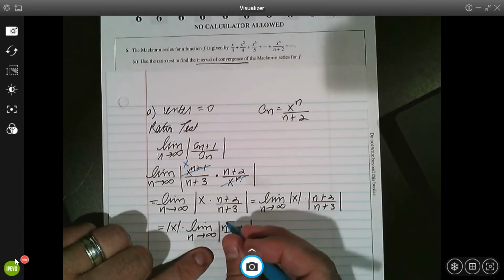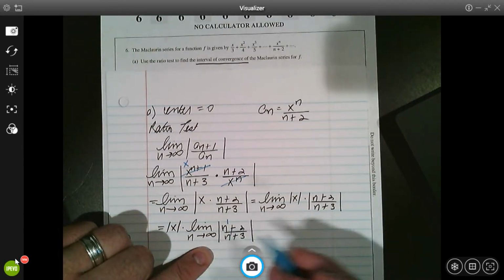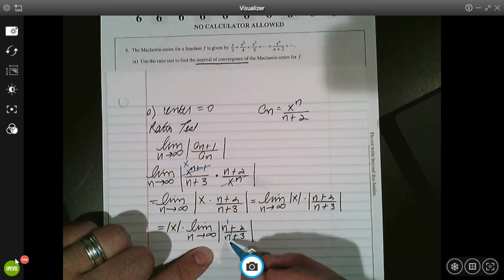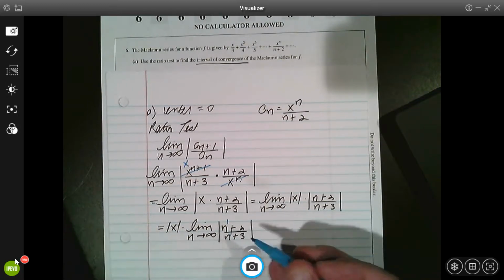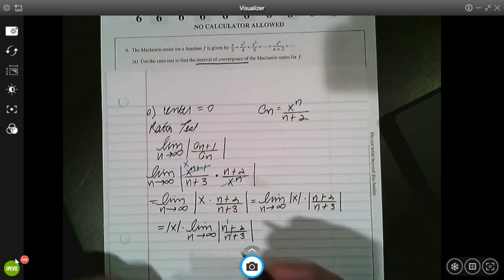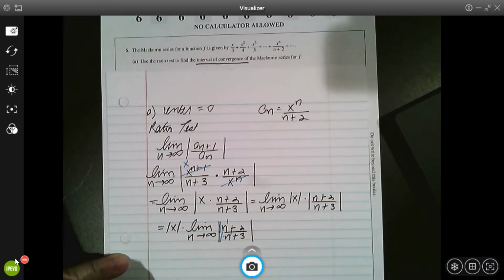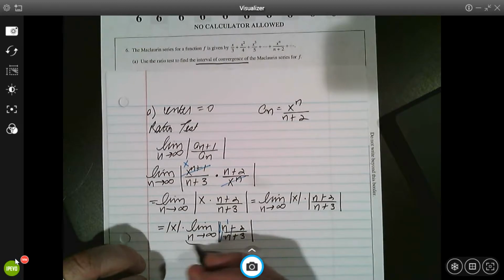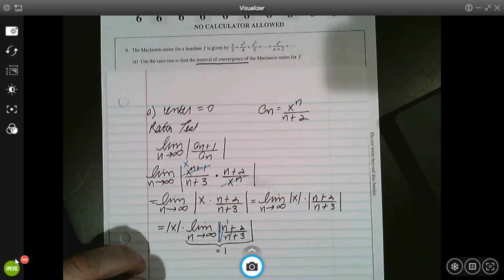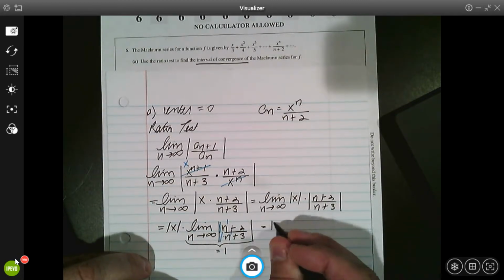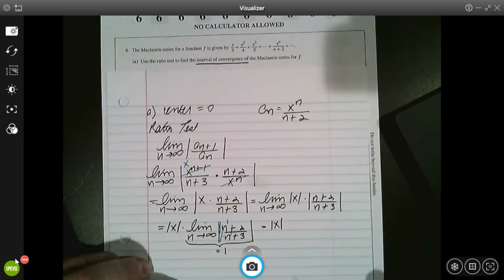Well, I see that this is n to the first power and n to the first power. The degrees are the same, which means they're going to grow at the same rate. And when that happens, you look at their leading coefficients. The leading coefficients are 1. And so this limit is equal to 1, which means that the whole product is equal to the absolute value of x.